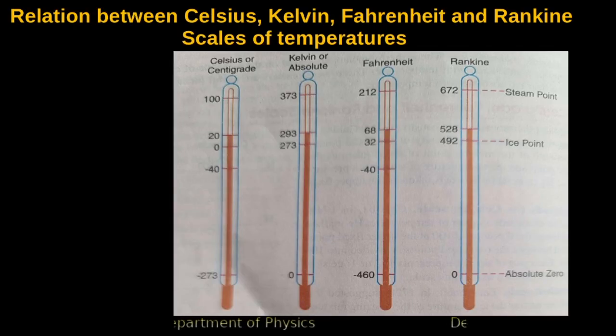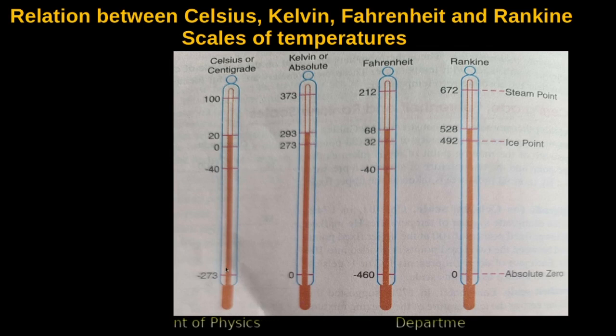Here we are just discussing the relation between the Celsius, Kelvin, Fahrenheit and Rankine scales of temperature. In this figure, the four thermometers are associated with the Celsius, Kelvin, Fahrenheit and Rankine scales.